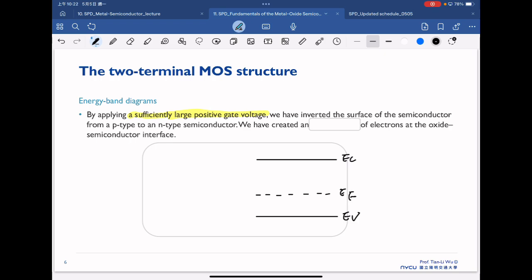And because now we apply a large gate bias, for example like here, this will create a huge band bending as well.